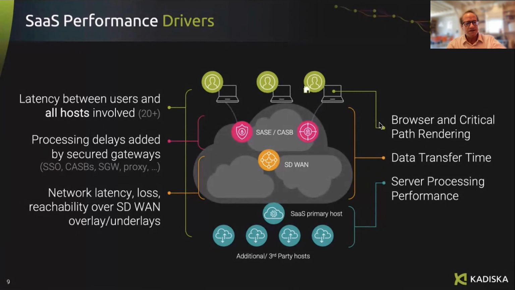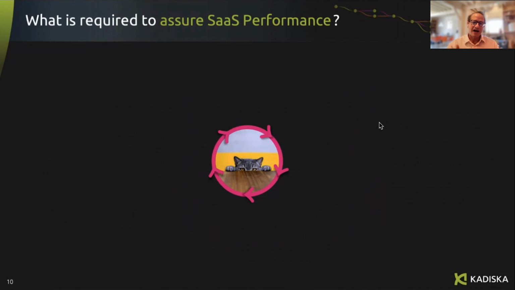So when we start looking at how to address SaaS performance, you've got a sort of stepped approach to implementing SaaS performance monitoring. Obviously, the first thing you want to do is get monitoring in place. So it's having a view of what the user experience is in the different work contexts in which people use their SaaS applications.